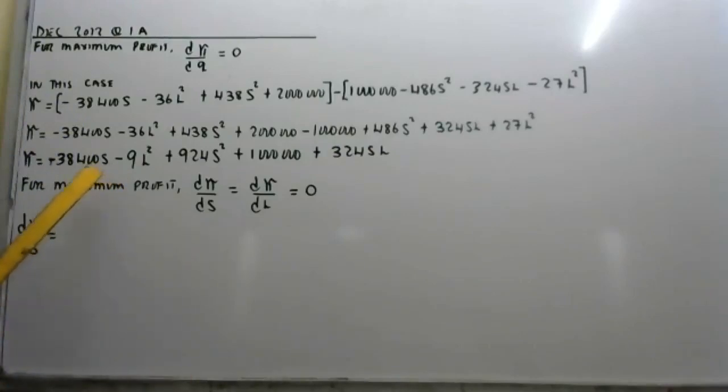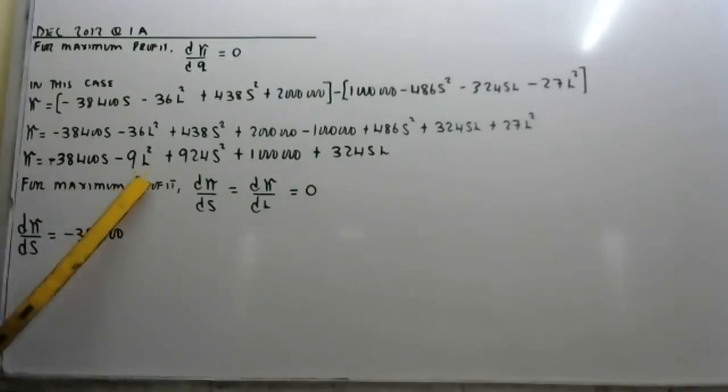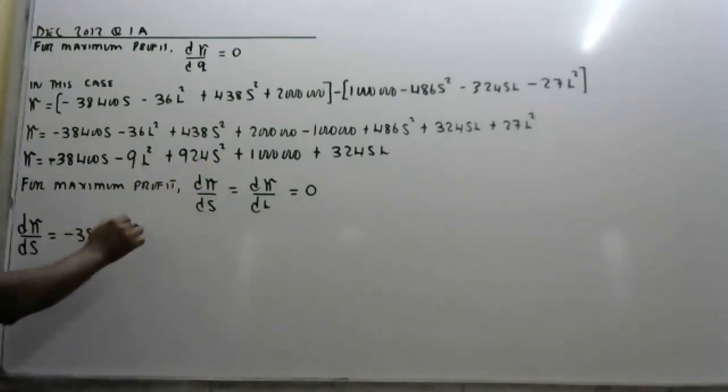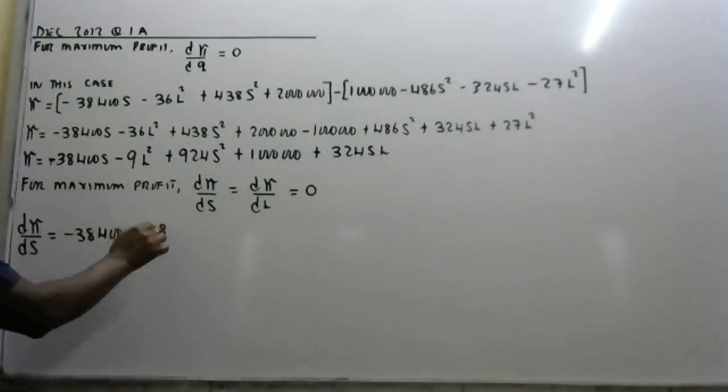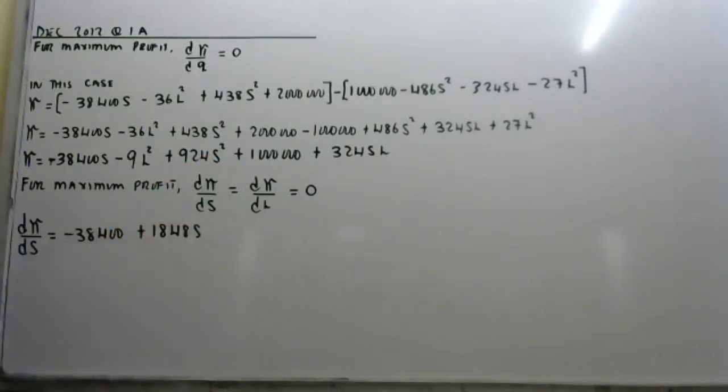So this one here will be minus 38,400. This one does not have S, so it will become 0. This one has S, so it will be 2 times 924, that will be plus 1848S.